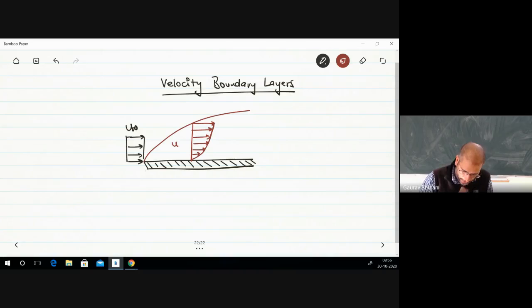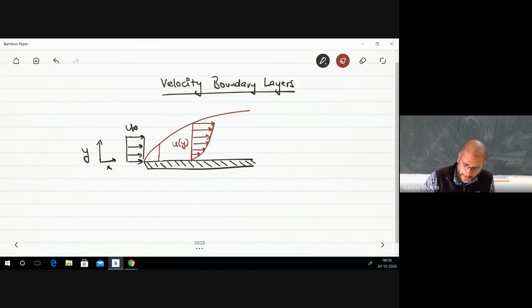Your u, which is your x component of the velocity, is a function of y. So the y coordinate is... remember that on the plate's surface, your u is 0 because of the no slip condition.